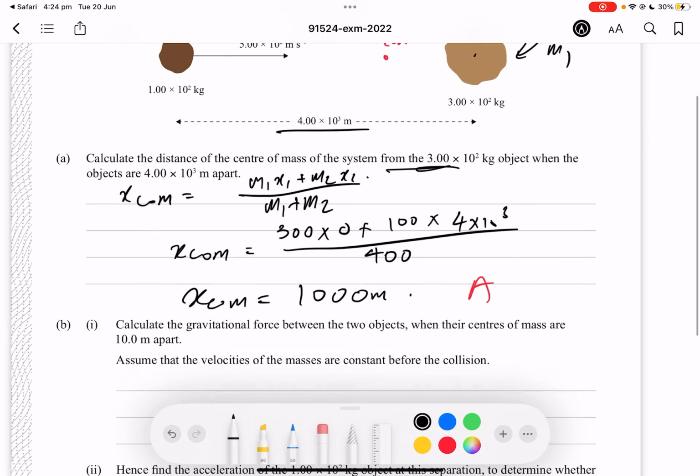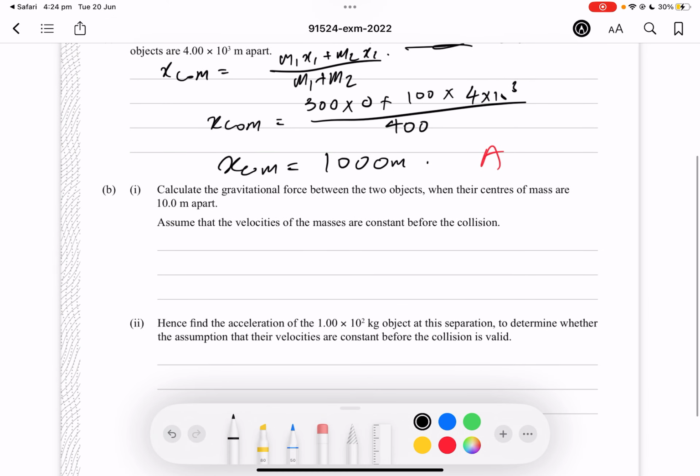Okay. So calculate the gravitational force between the two objects when their centers of mass are 10 meters apart. So we know that F equals some constant G multiplied by m1 m2 over r squared. And we know that G is a constant and is equal to 6.67 times 10 to the power of negative 11.